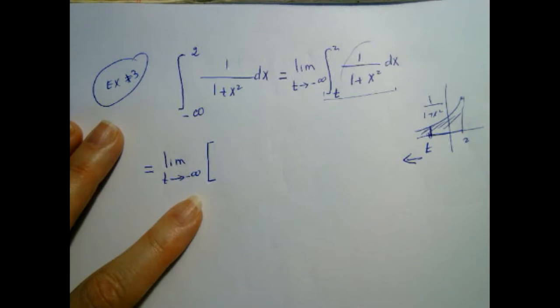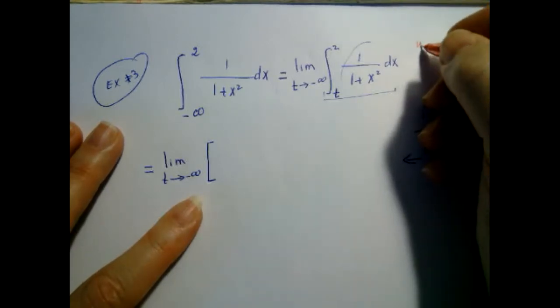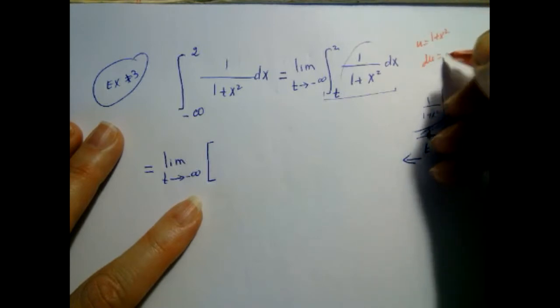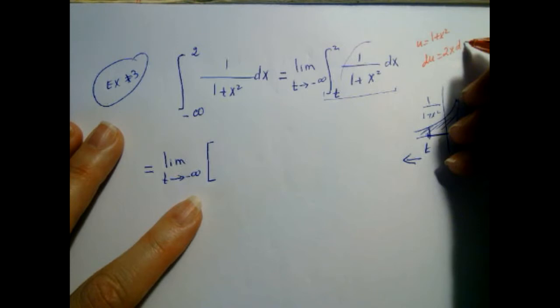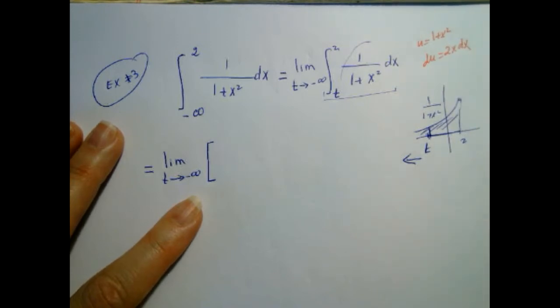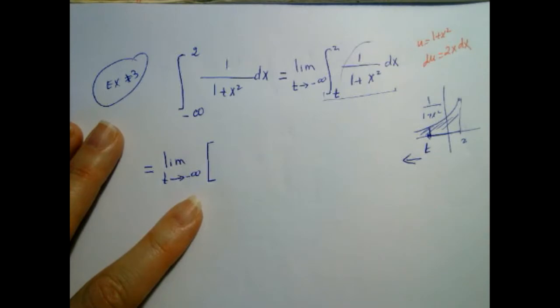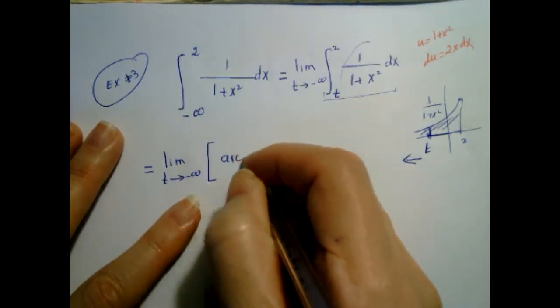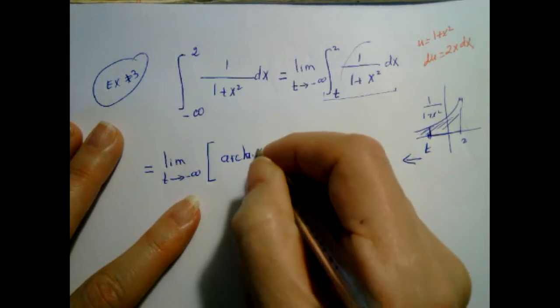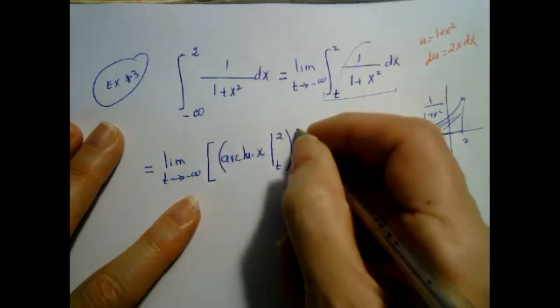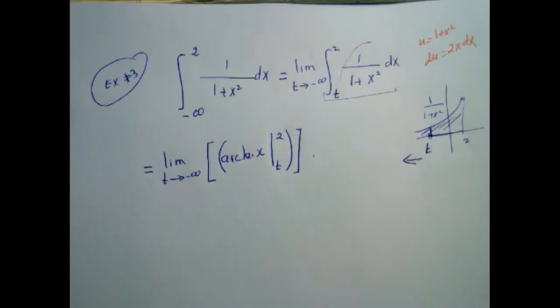Inverse of tangent, that's inverse tangent. Why can we not substitute? If you substitute, what's going to be the derivative? 2x dx, right? There is no way to pick up the derivative in here. So 1 over 1 plus x squared, that's arctangent x evaluated between 2 and t. Okay, so that's the arctangent.